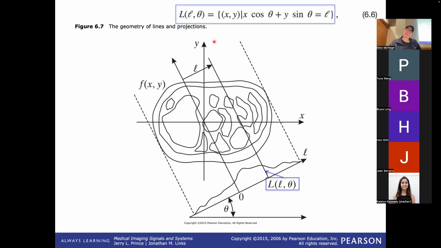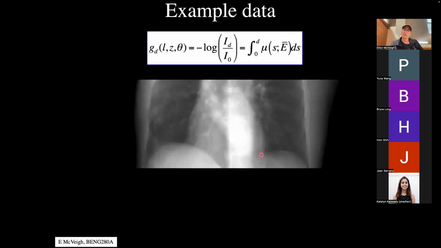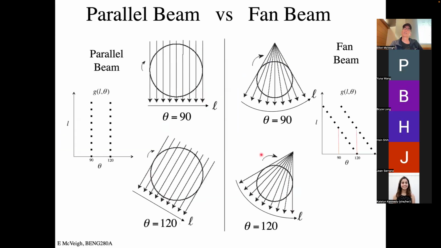Well, G of L theta is the result of all of the mu's that are mapped out along capital L theta. Capital L theta gives you this line, so everything along that line is what it's describing, and G of L theta is the sum of all the mu's along that. Oh, okay. That was a long time ago. You remember that capital L theta.